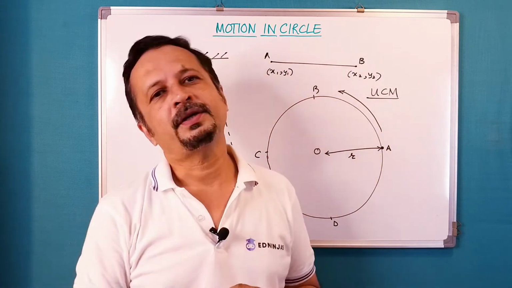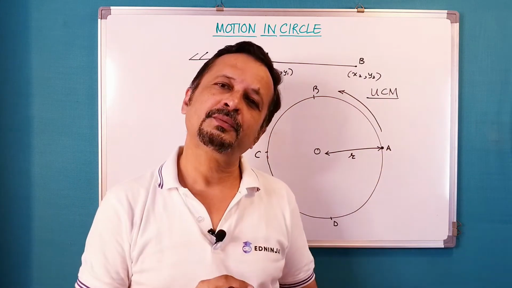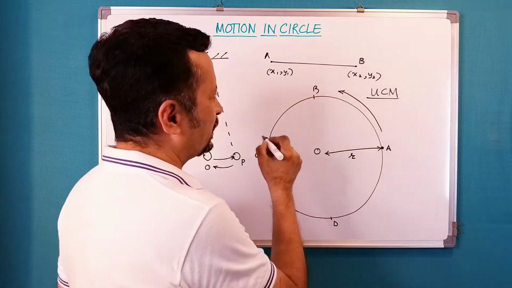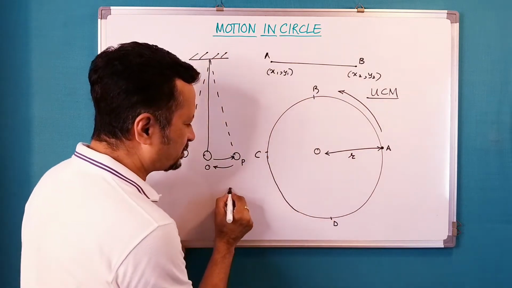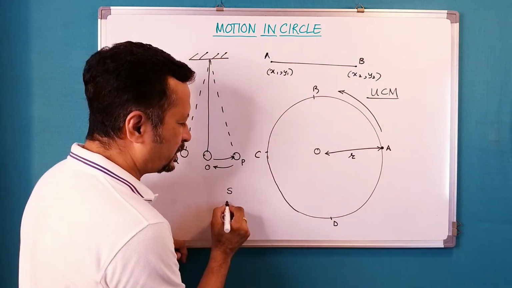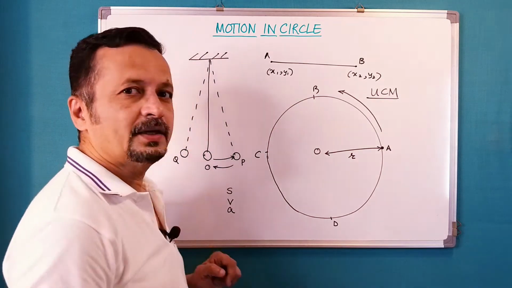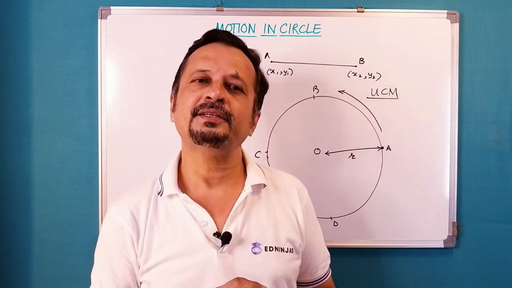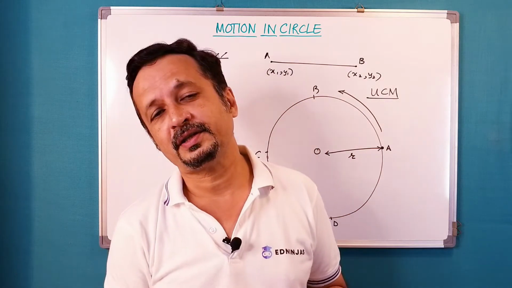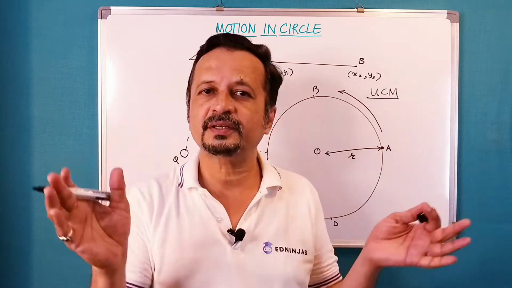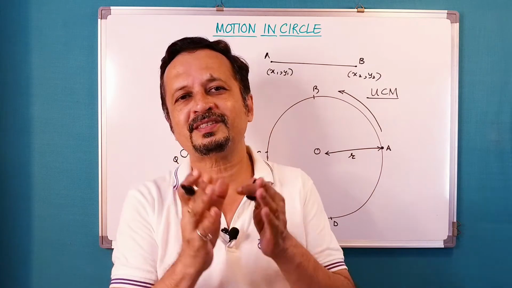Now in linear motion we have distance traveled or displacement, velocity and acceleration. Here, is there any displacement, velocity, acceleration? Everything is there, but there has to be something different.